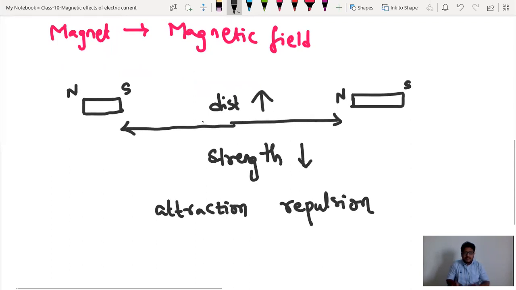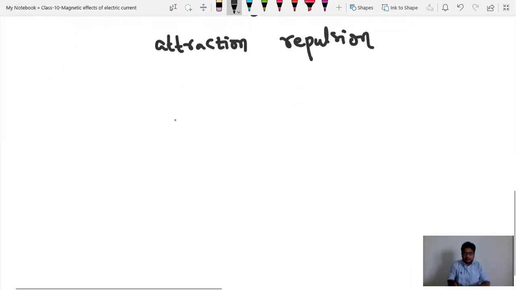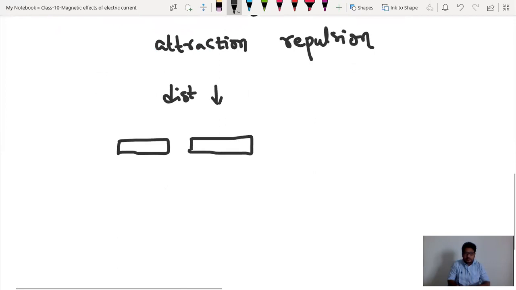Now if the distance is decreased, there will be a magnet here, there might be another magnet here. Now here the distance is less. Let us consider this one is north pole, this one is south pole.